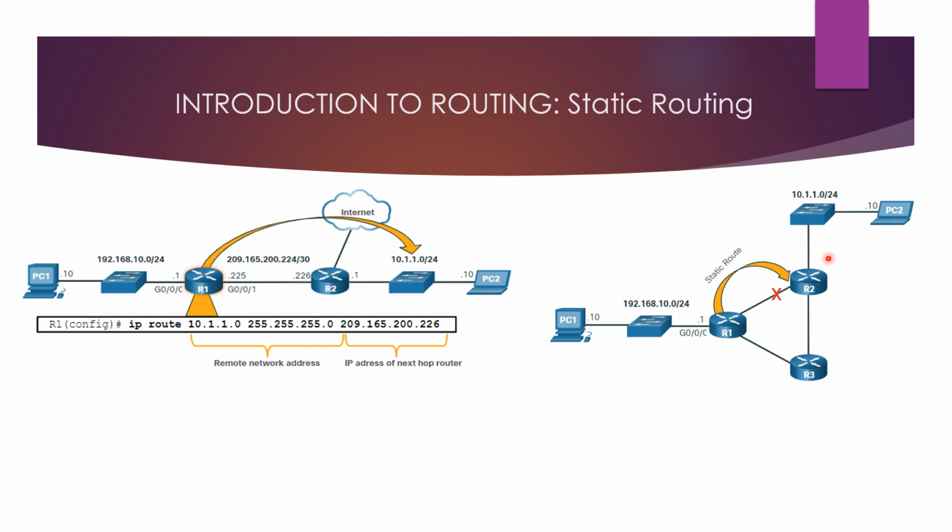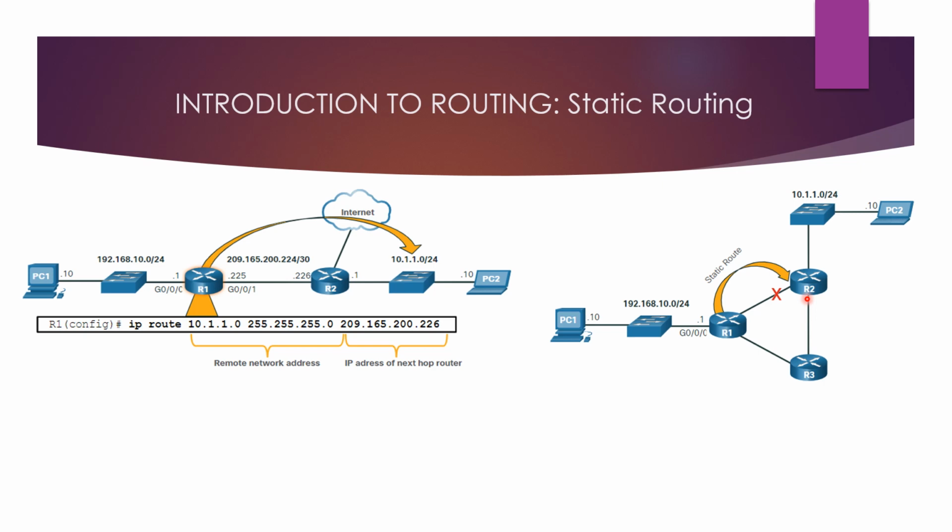But if this path is no longer available, router 1 would need to be reconfigured with a new static route to reach this network via router 3. And router 3 would therefore need to have a route entry in its routing table to send packets to the destination host via router 2.